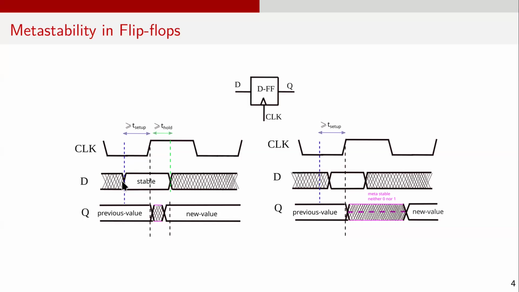The input D is stable within the setup and hold window. In this case, the flip-flop correctly samples the input value D and produces a valid output. However, in the second scenario, if the input data D transitions too close to the active edge of the clock, that is, inside the setup window, the flip-flop may enter a metastable state.